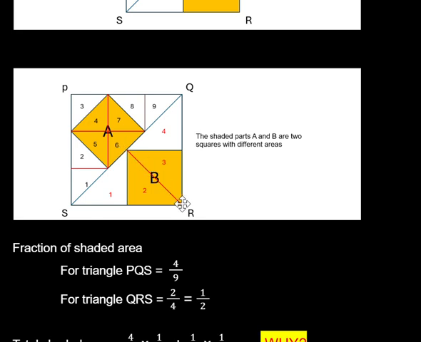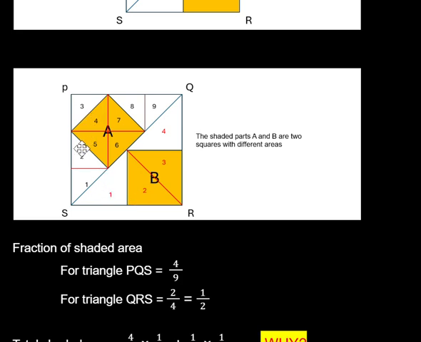You realize that triangle 1 in red here is equal to triangle 2 in red here. Similarly, triangles 3 and 4 are equal. So these four parts are of the same size, and the shaded part is 2 units. So for triangle QRS, 2 out of 4 are shaded, or half of it is shaded.